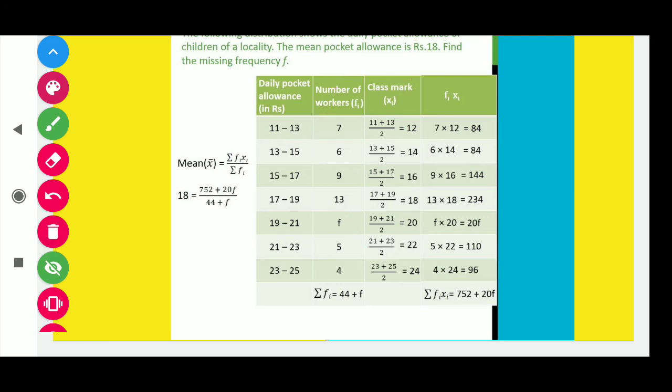Now students, here is the mean. The formula of mean is sigma fi xi over sigma fi. The value of sigma fi xi is 752 plus 20F divided by sigma fi, 44 plus F, is equal to 18.